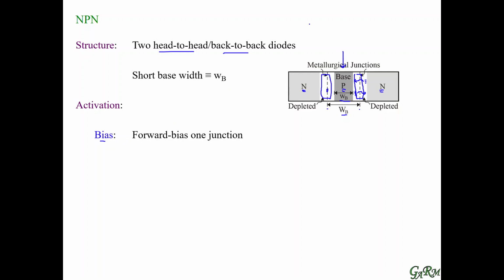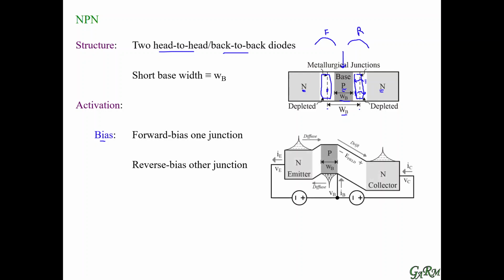What we're going to do is forward bias one of the junctions, and then reverse bias the other junction. That's how we activate the BJT. Let us use the energy band diagram to describe that.